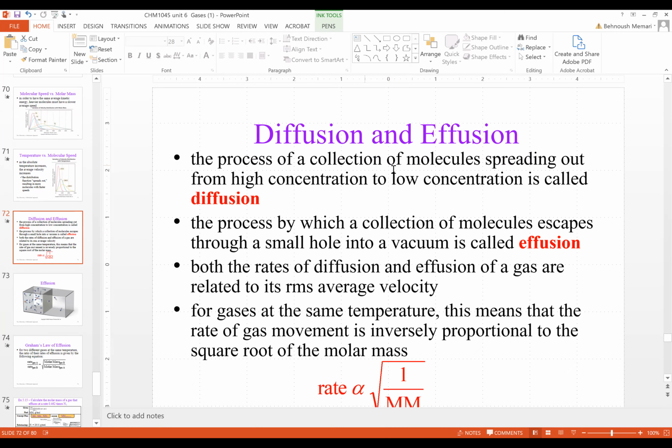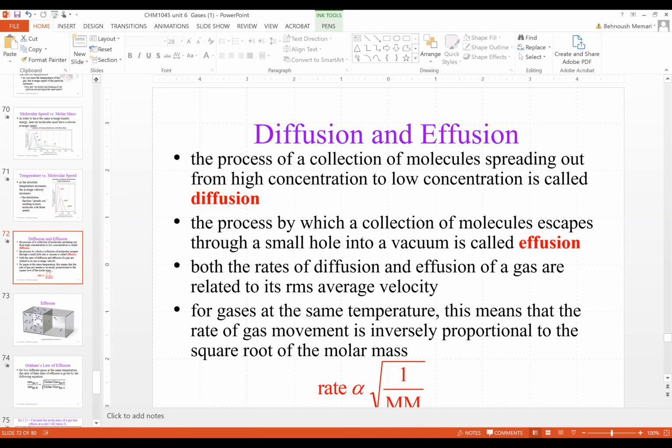The process of molecules spreading out from high concentration to low concentration is called diffusion. In both effusion and diffusion, molecules of the gas are going to move around, and the speed or velocity of this movement depends on the molecular weight or molar mass of the gas. The rate of both effusion and diffusion is inversely proportional to the molar mass.